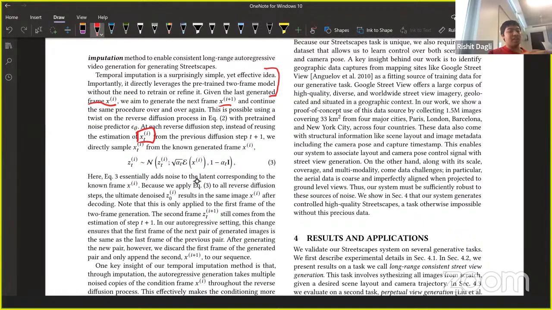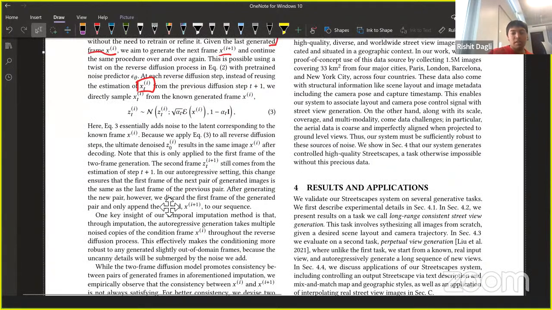So you have one frame that ends up being constant, and you just have to generate the second frame by doing all of these steps. So that's what they talk about with this autoregressive video diffusion.